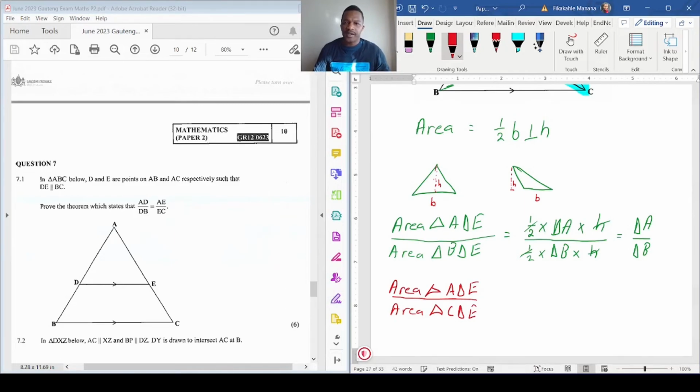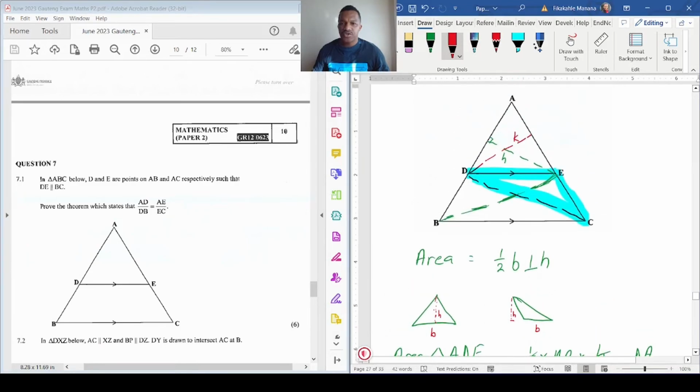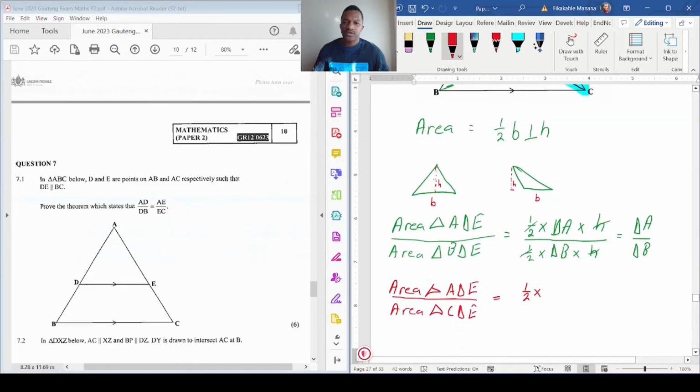Okay, so let's start with ADE. It's half times. Now, if you look at this height that we constructed, it can only have a base of AE. So let's write that. It's AE times the height, we called it K.